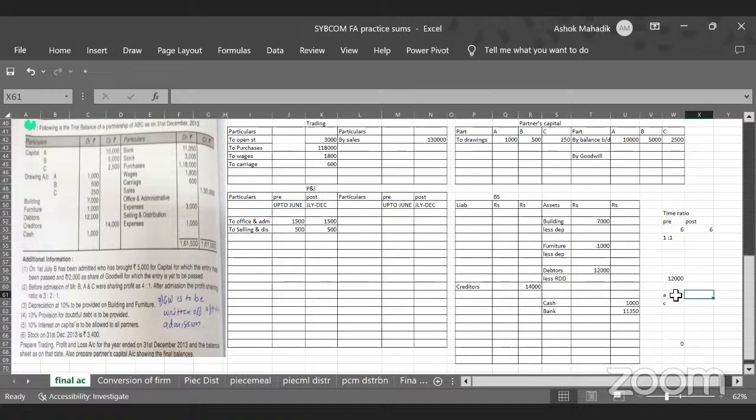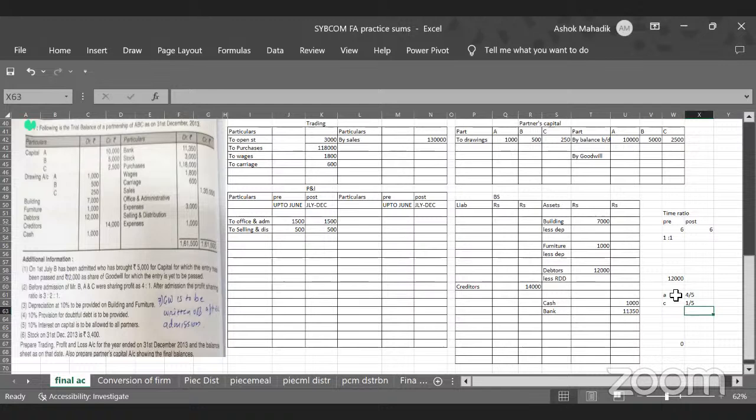So what is the profit sharing ratio of A and C? It is 4:1. It means 4 by 5, 4 plus 1, 5. So it is 4 by 5 and 1 by 5. Clear? This is how you have to distribute.